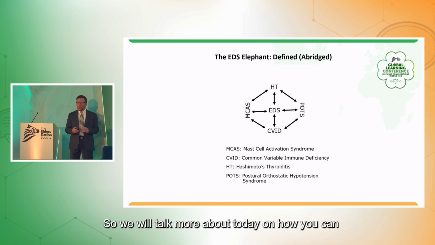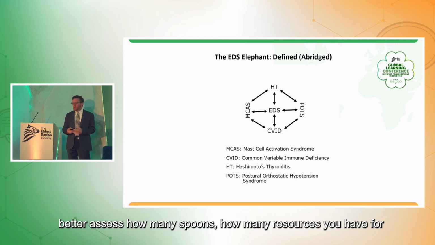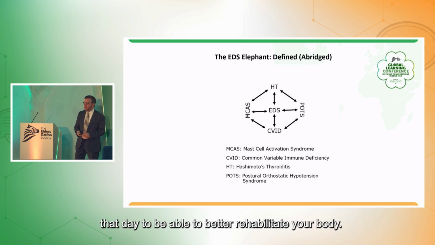So we will talk more today on how you can better assess how many spoons, how many resources you have for that day to be able to better rehabilitate your body.